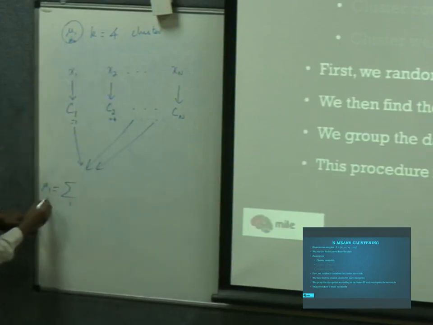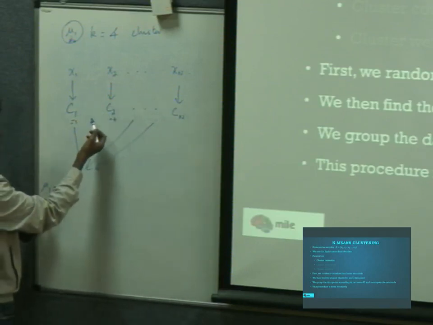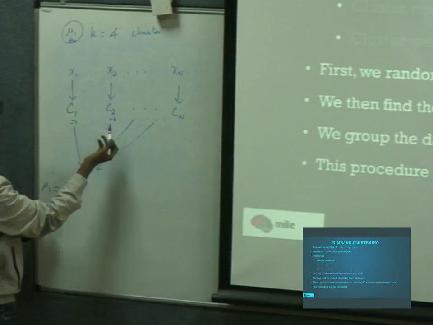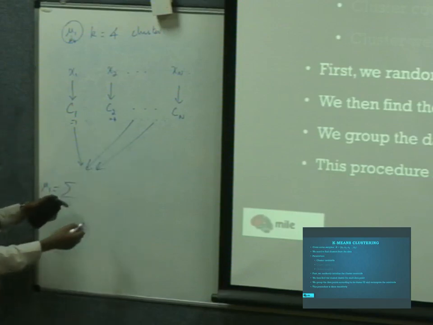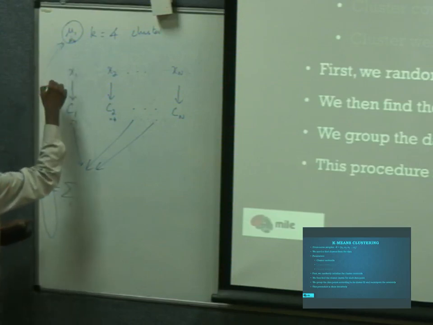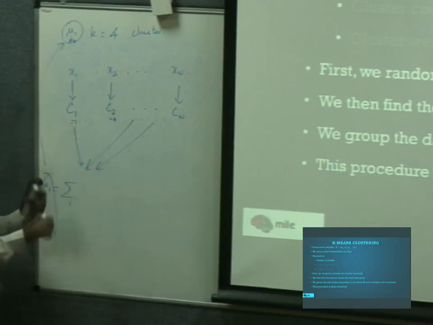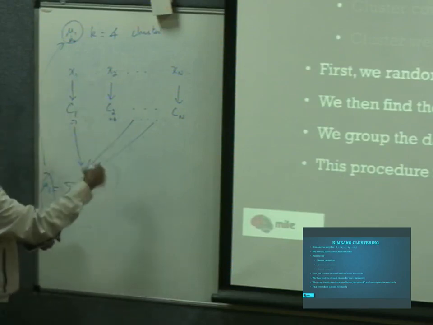Now, after doing this closest cluster estimation, and from there estimating the mean of each cluster, you found new cluster centroids. Keeping these as the starting point, you find the closest cluster again for each data point and do this procedure iteratively.